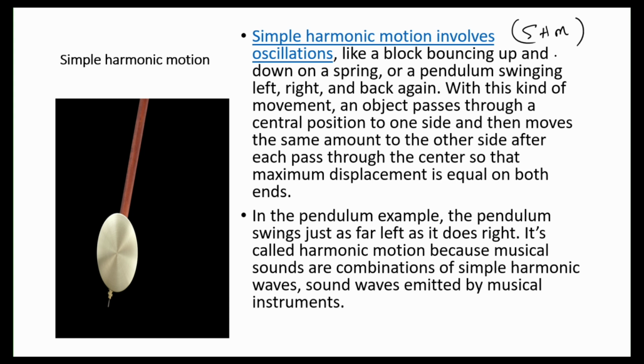Left to right and right to left, back and again. With this kind of movement, an object passes through a central position to one side and then moves the same amount to the other side after each pass through the center, so that the maximum displacement is equal at both ends. This is called simple harmonic motion.